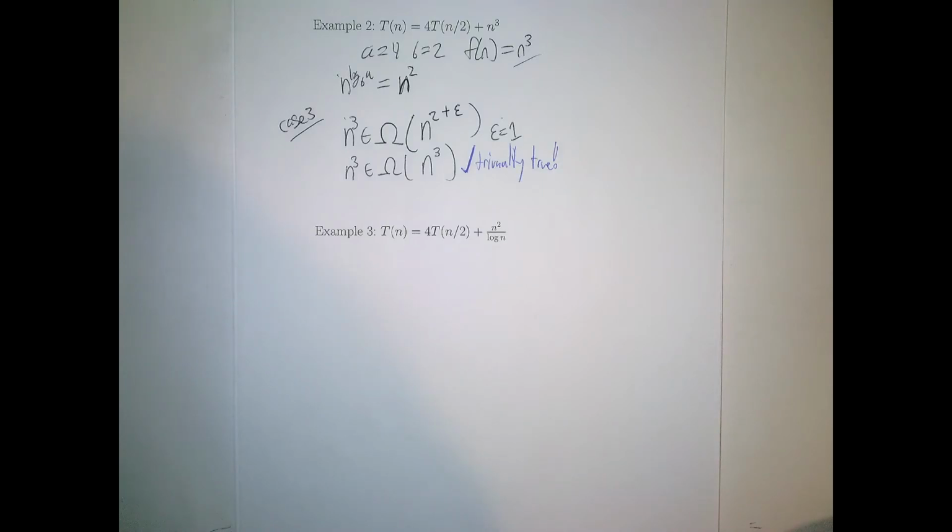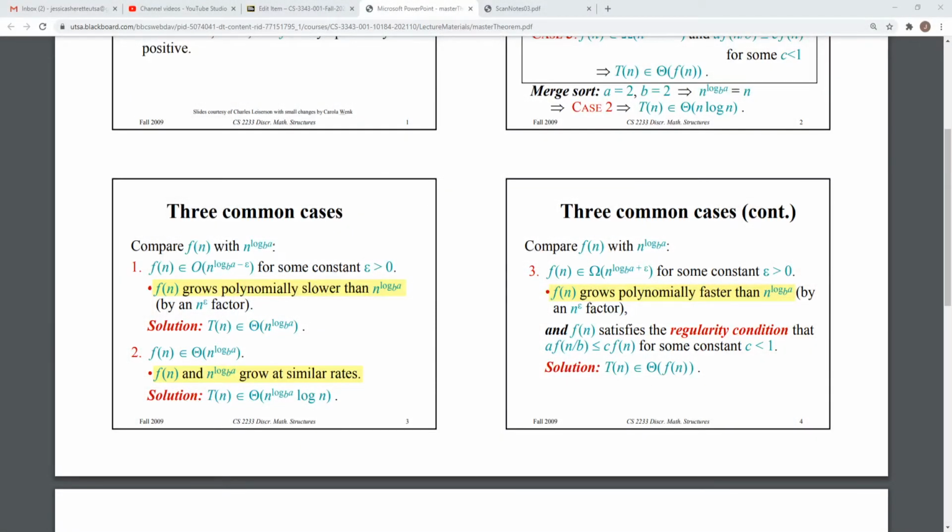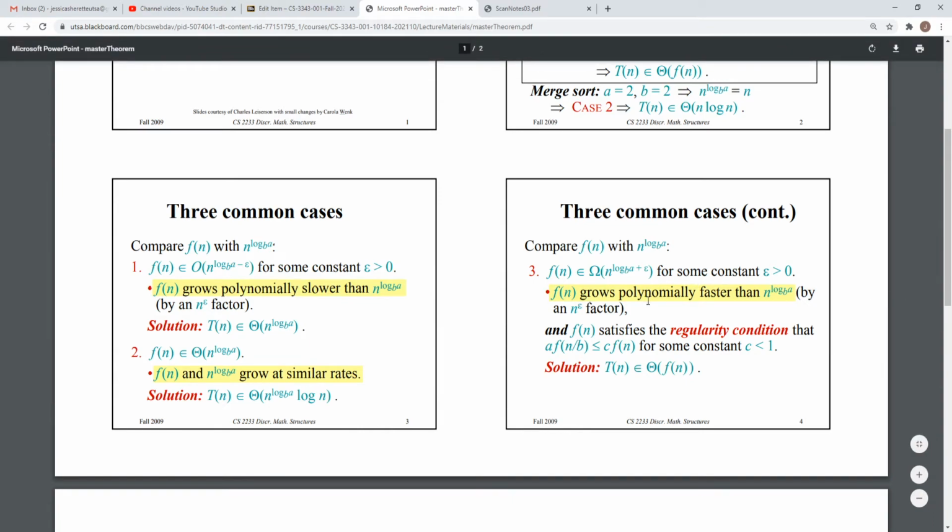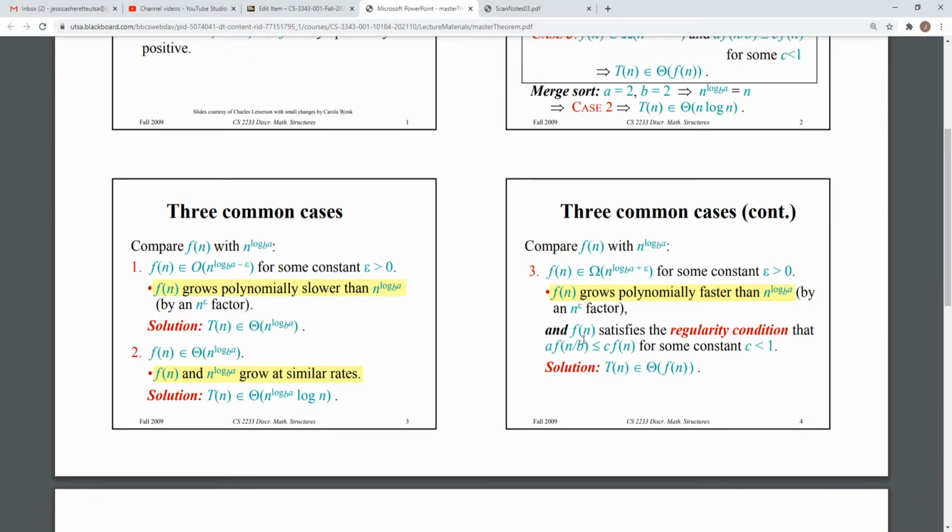So are we done? This is where all the other ones left off, right? Case 1, case 2. Well, unfortunately, case 3 is a little weird. And you might have seen it when I pulled up the Chrome tab earlier. There's actually a regularity condition, which is just checking to make sure our f of n function doesn't do anything weird, that as n gets bigger, f of n is getting bigger.